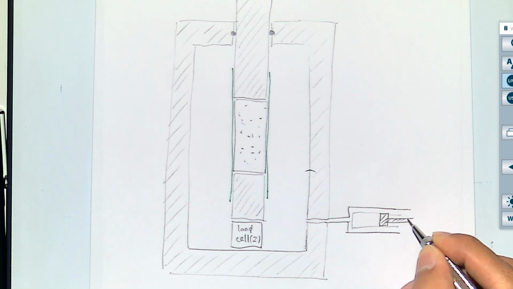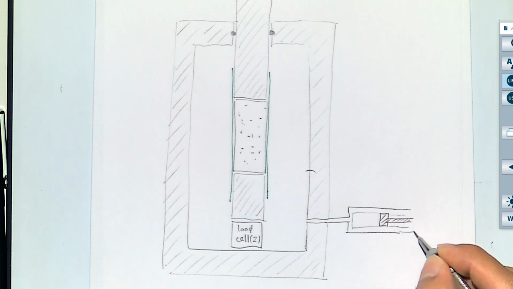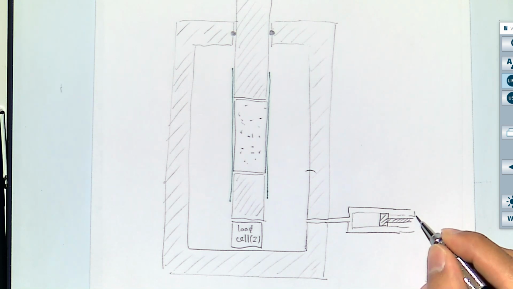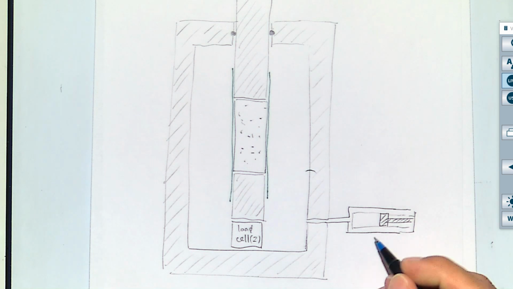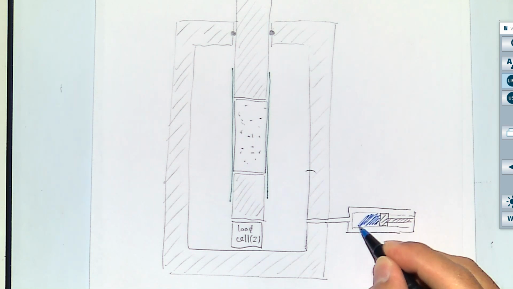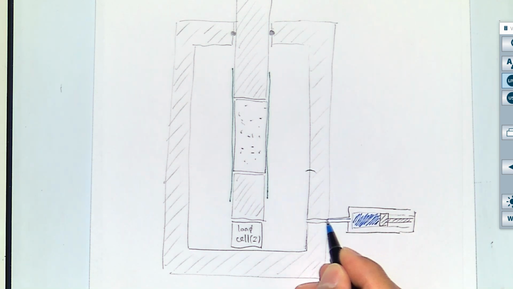Did you guys ever see a syringe which weighs about 60 pounds? No? Okay, that's one over there, next to the load frame, that's that syringe. It's just a syringe, but it moves fluids at a very high pressure.